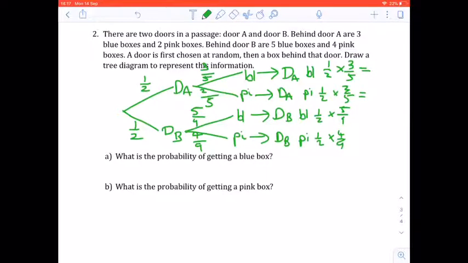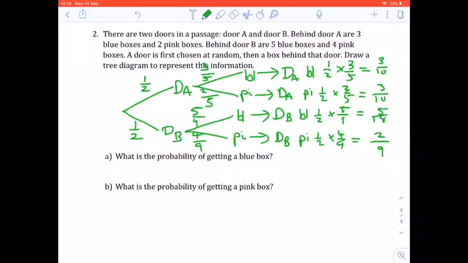And each of those would then equal 3 over 10, 3 over 10 again, 5 over 18, and 2 over 9. Okay, now we're ready to answer the questions.